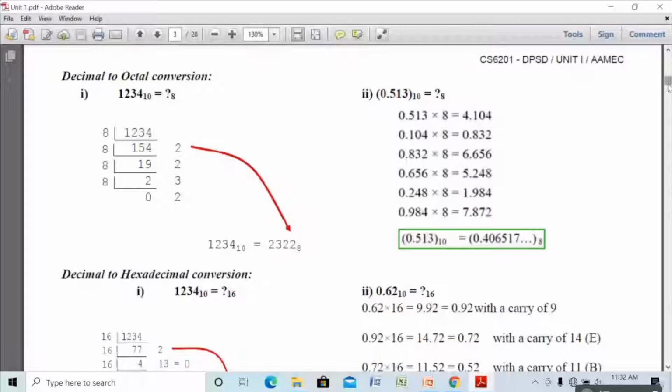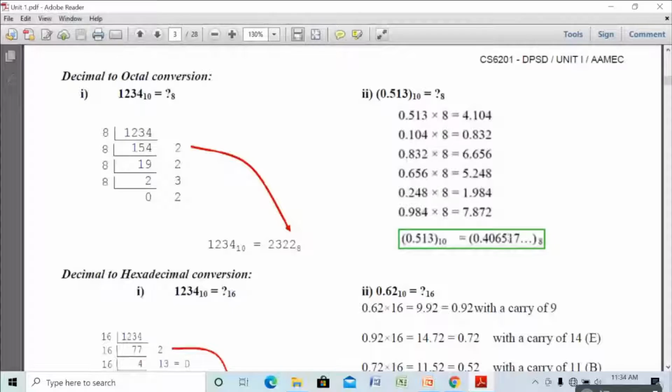Then write the number from top to bottom. As in the previous problem, you can stop at the fourth digit. So 0.4065 is enough.